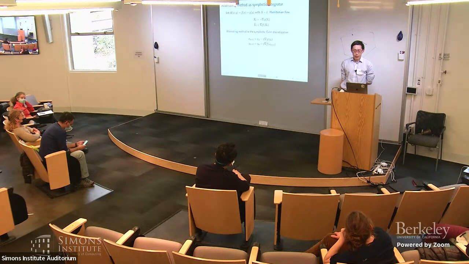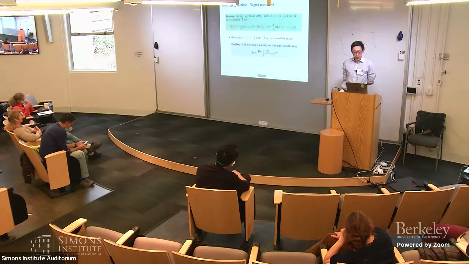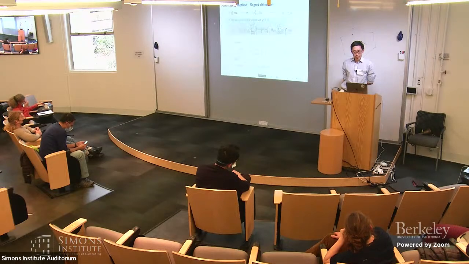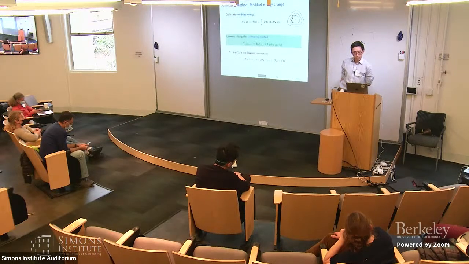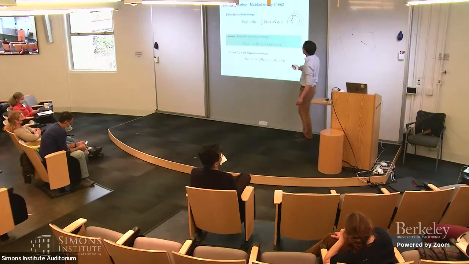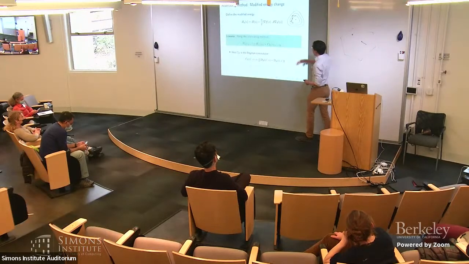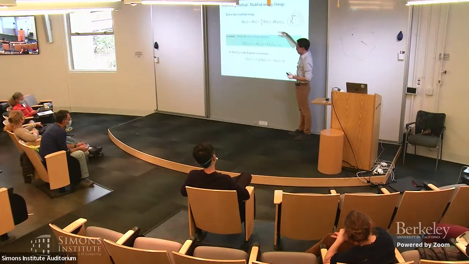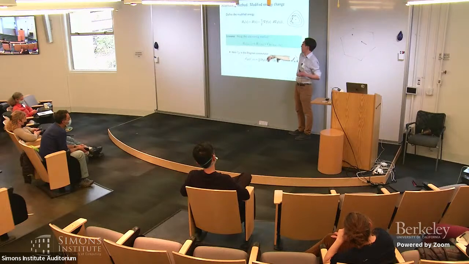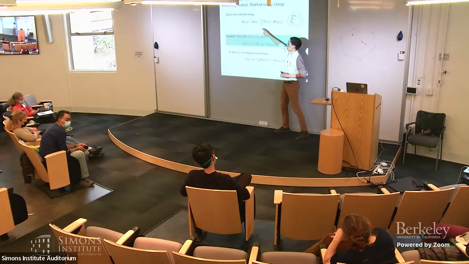Good question. The answer is I'm not sure. Let me see the definition of the modified energy. This one. This modified energy is, in general, from the theory of modified Hamiltonians, and this is the first order correction of the energy function.